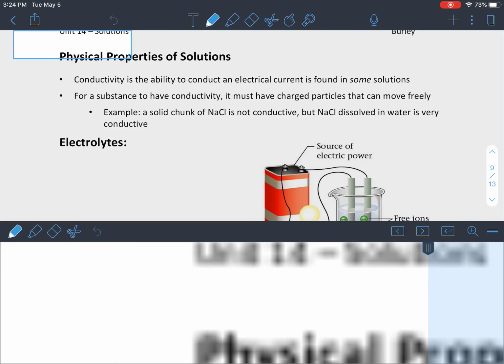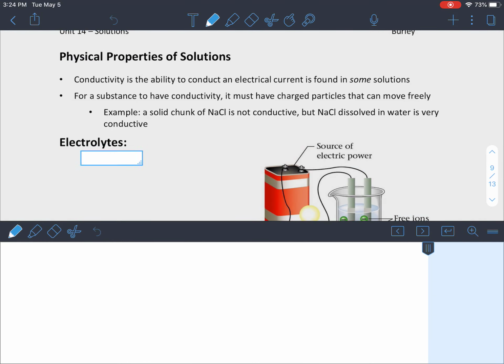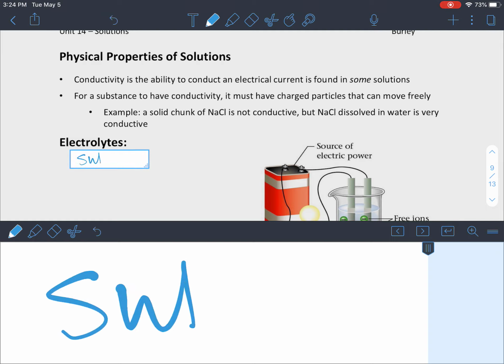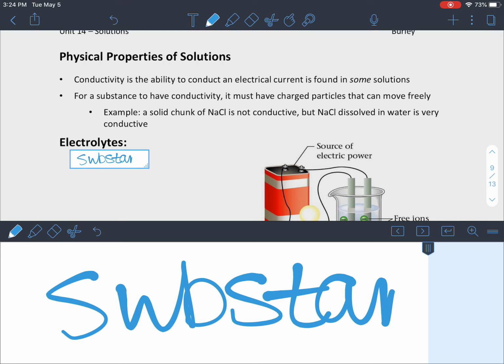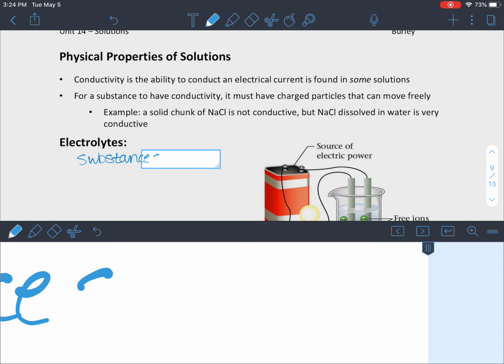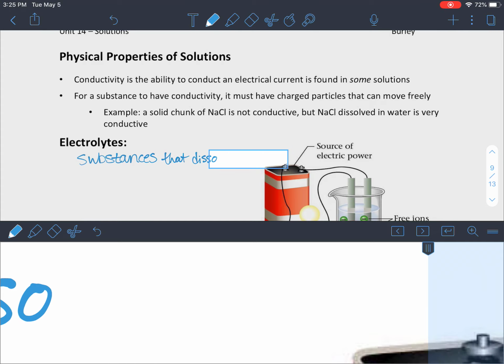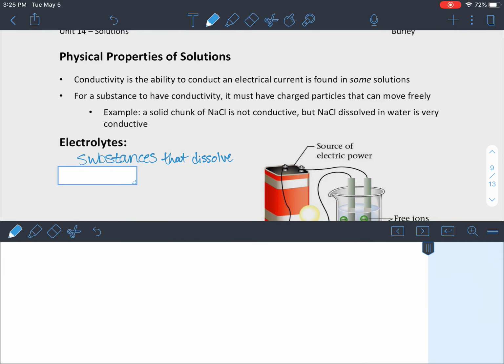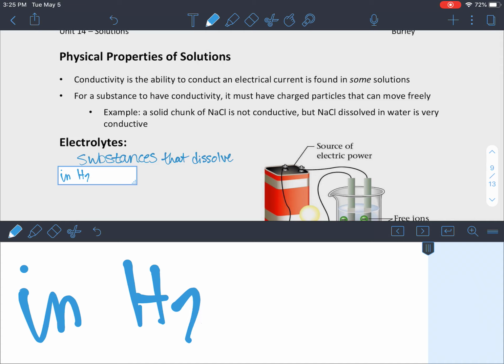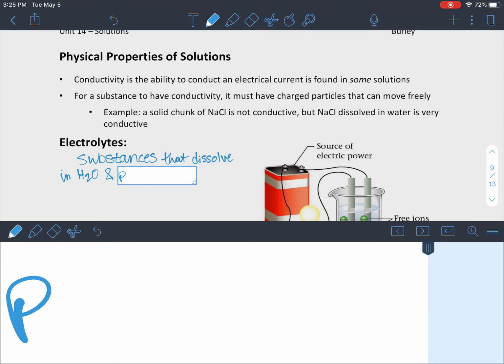I would need you guys to write that down in the area there: substances that dissolve in water and provide ions that flow freely.